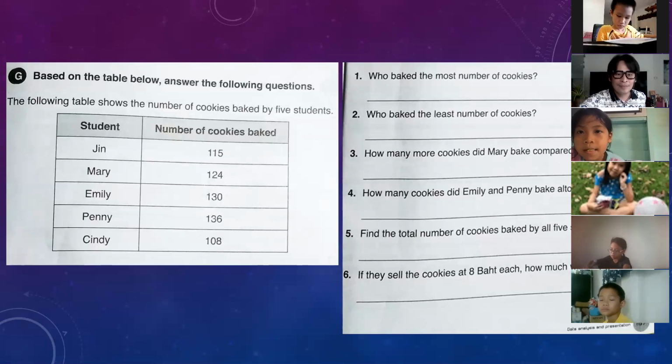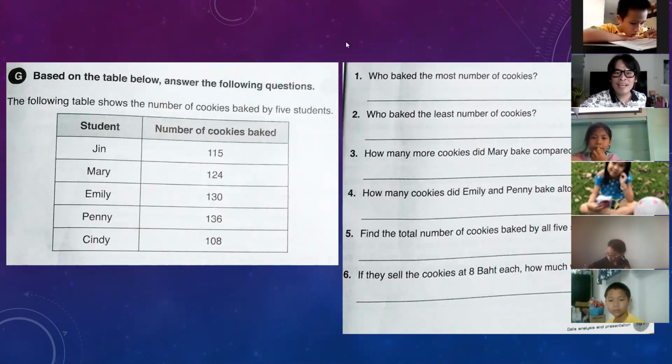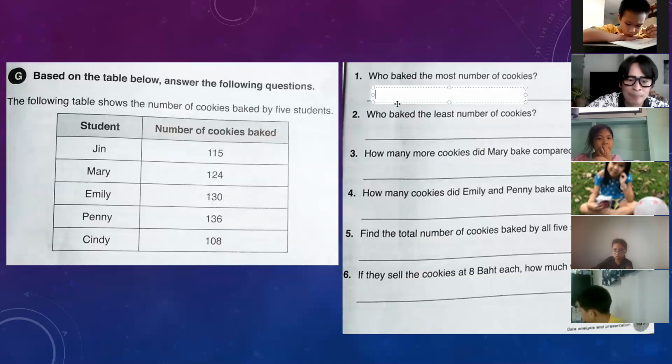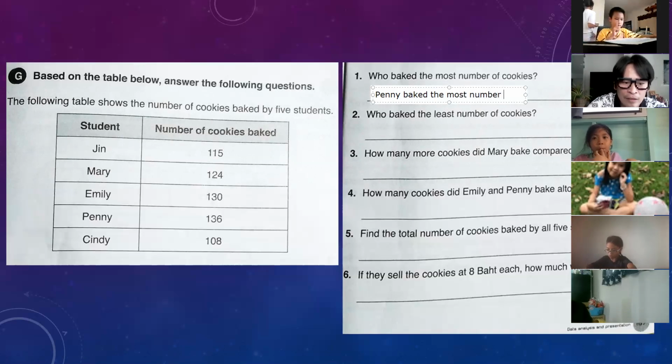Okay. So the number of cookies baked the most is Penny. Penny baked the most number of cookies.